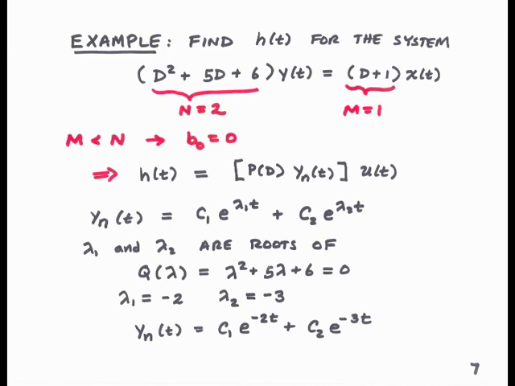You notice the form of the polynomial here is the same as q of D in the differential equation. Solving, we find lambda 1 equals minus 2 and lambda 2 equals minus 3. So we know yn of t will be equal to c1 e to the minus 2t plus c2 e to the minus 3t. And our goal now is to find c1 and c2.